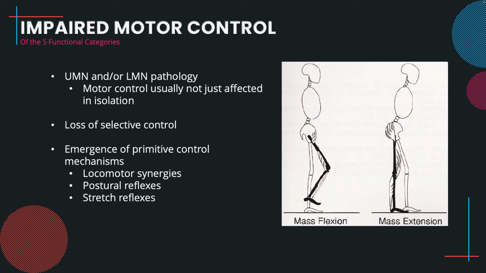This bullet on the emergence of primitive control mechanisms has to do with upper motor neuron processes, and these can really disrupt the fluidity of gait as well as how we transition through our different phases.